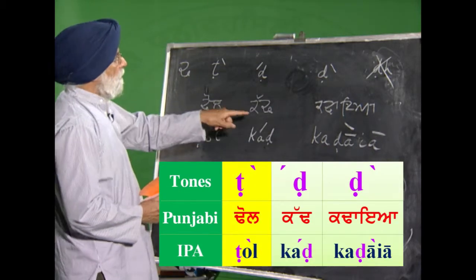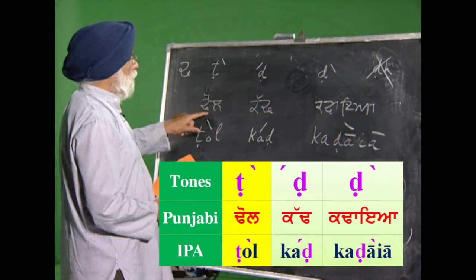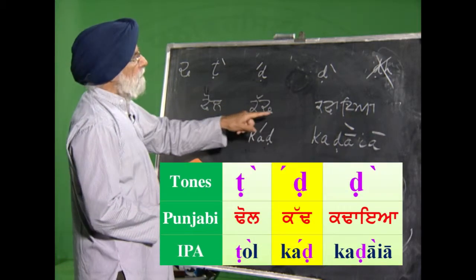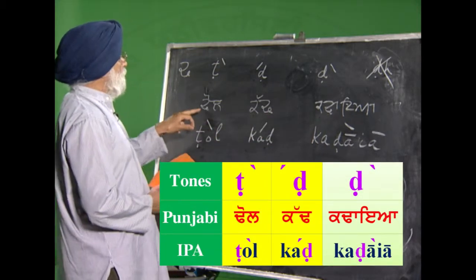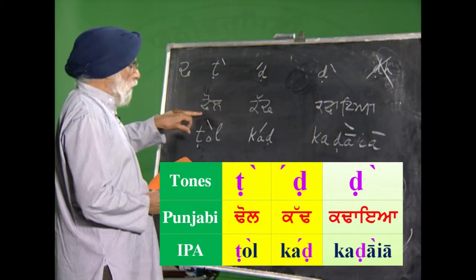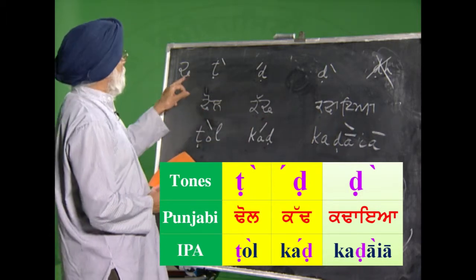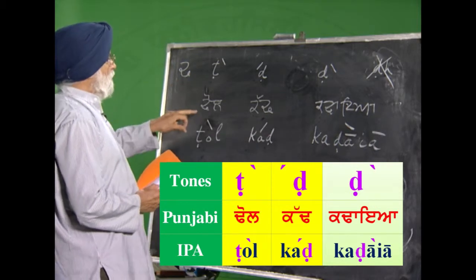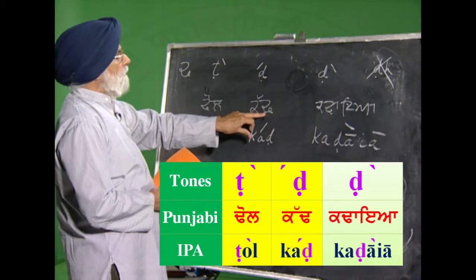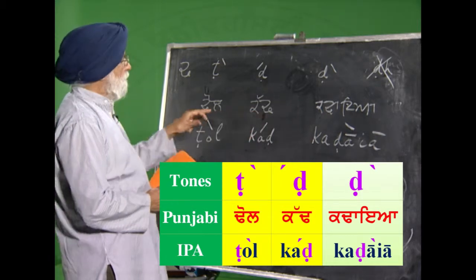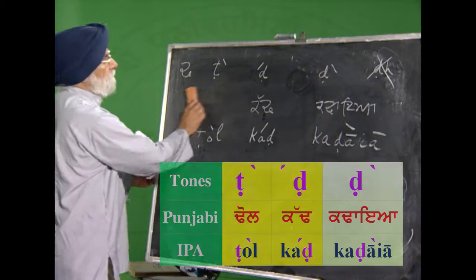Toll, cud, kadaya. You see the difference between ta of toll and cud. So, that is the basic thing. The same letter, but here the pronunciation is toll, and here in this position it is cud, d, not ta, and again the same kind of thing.